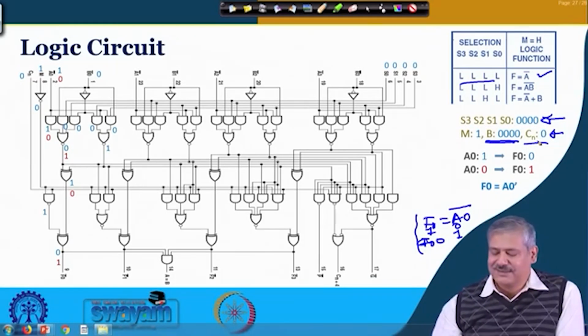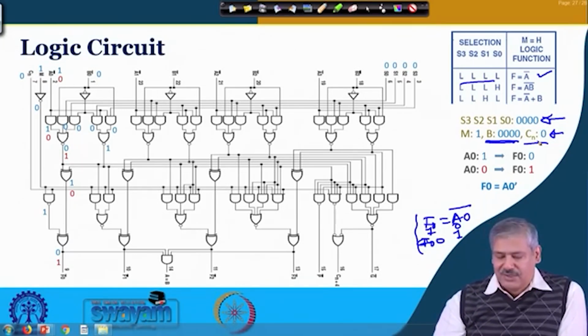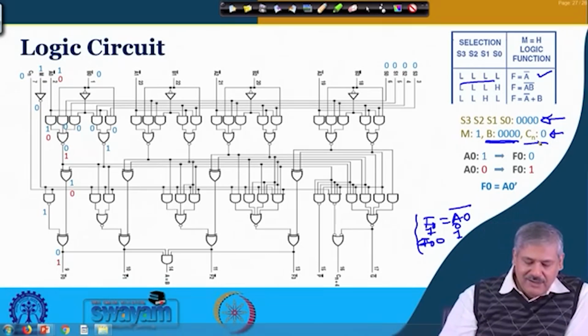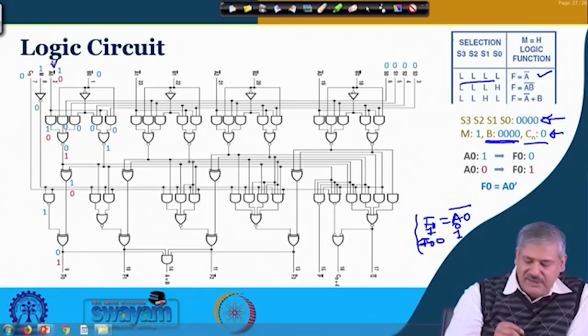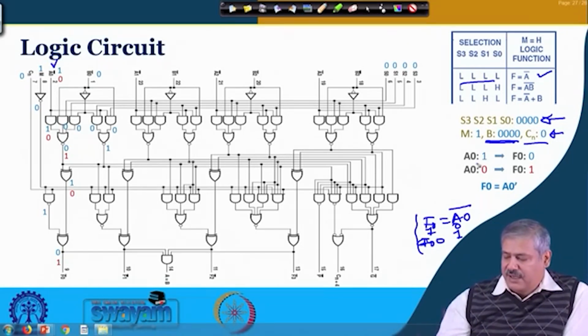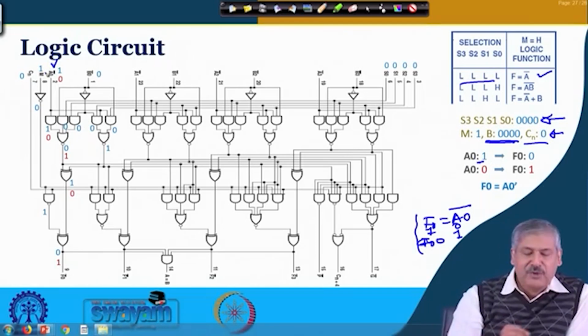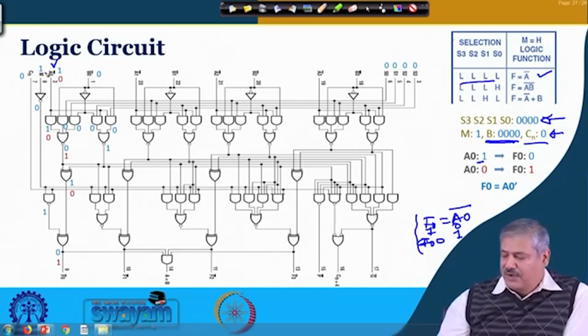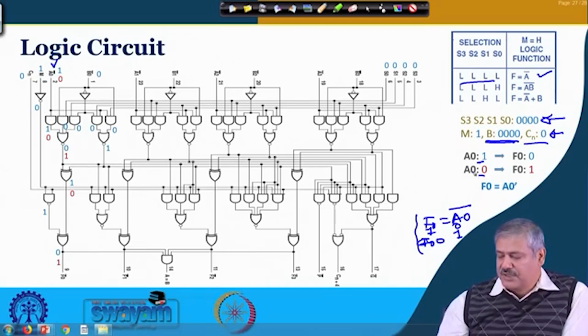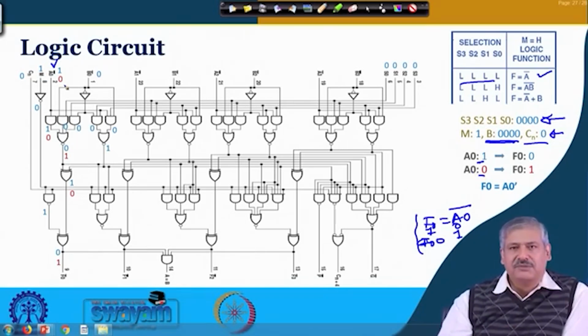Let us look at one such example case. This is where A0 is given. We have considered the case of A0 given as 1 in the blue, and A0 given as 0 in the brown. You can see the colors.